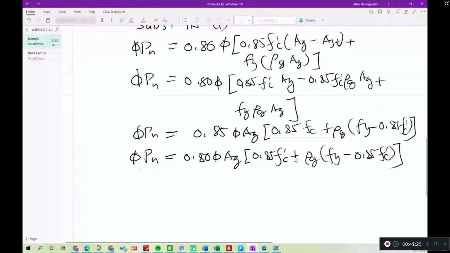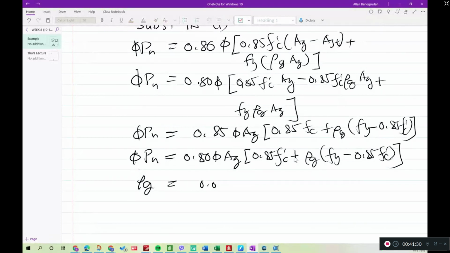So rho g is equal to 0.02 and substitute, of course, in that equation.